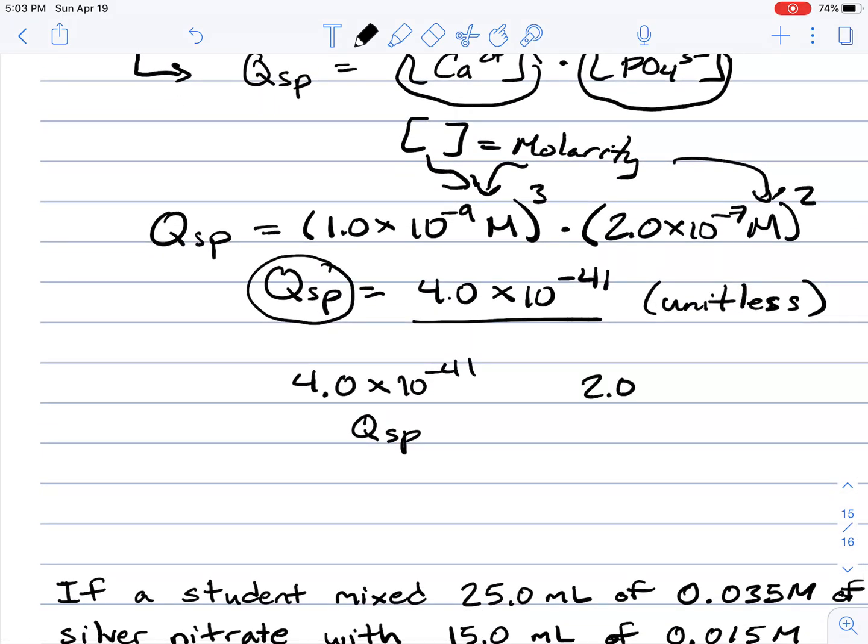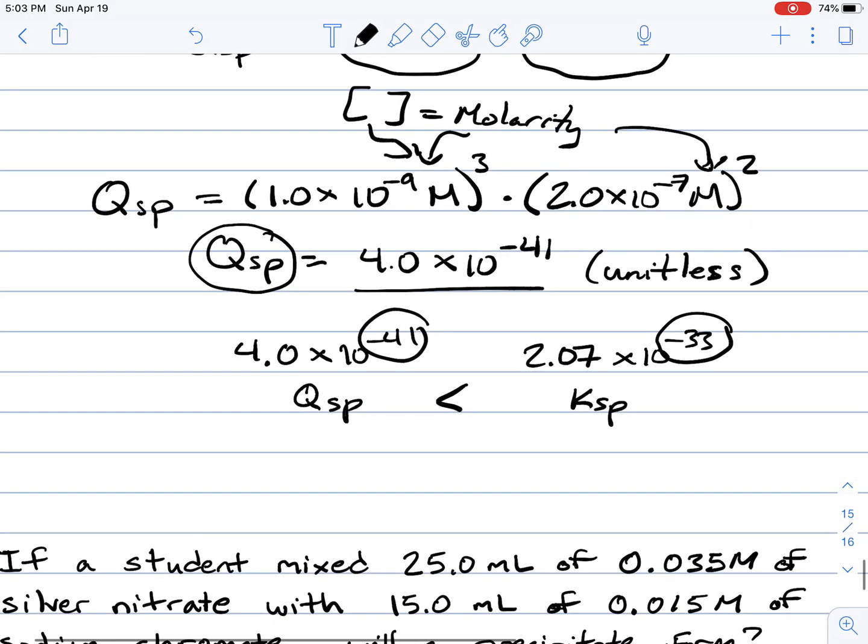So 2.07 times 10 to the negative 33, and that's my KSP. All right, so now that I've tabulated my values, I'm going to compare them. So which one's greater? If you said KSP, then you're correct. In this scenario, negative 33 is closer to 0 than negative 41. So QSP is less than KSP.